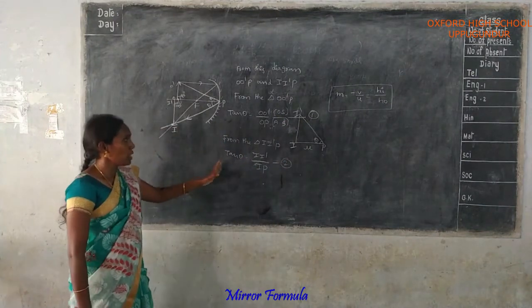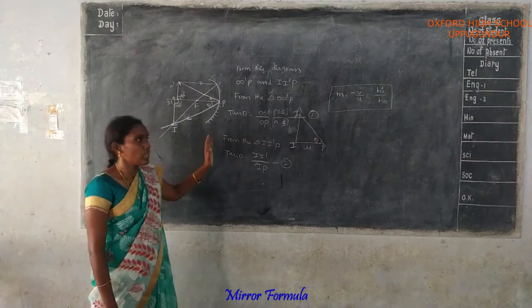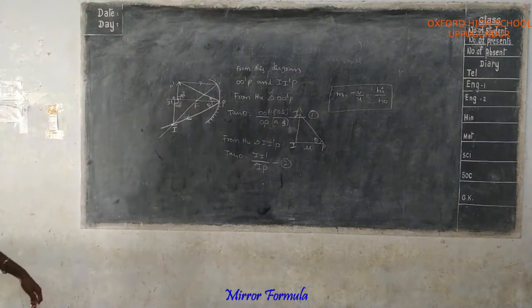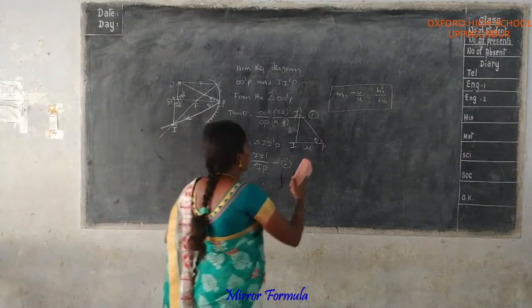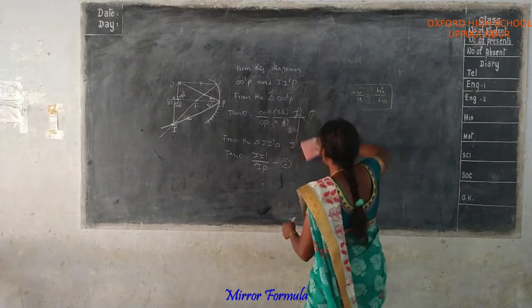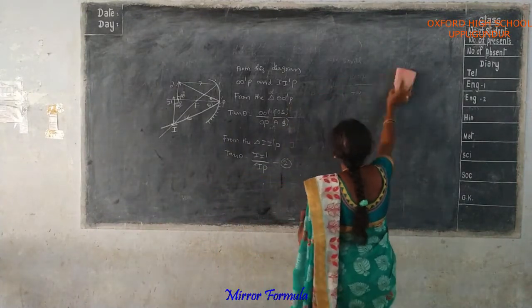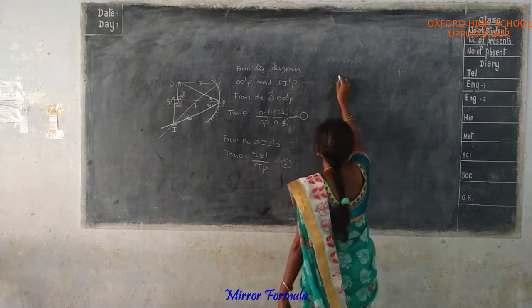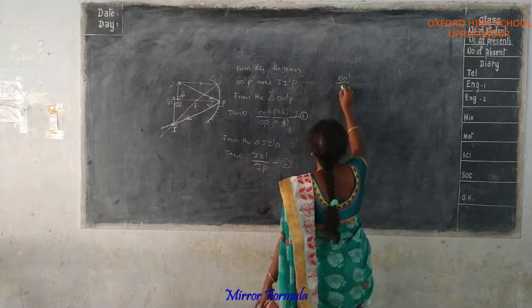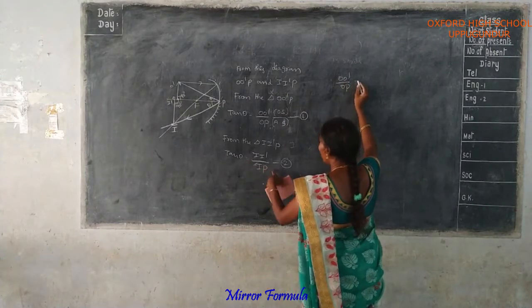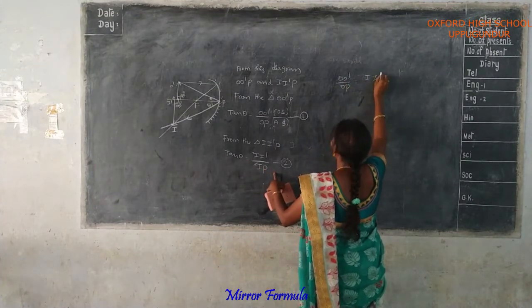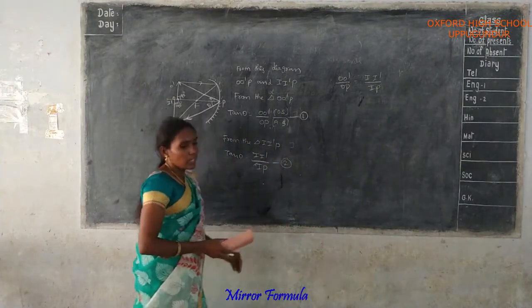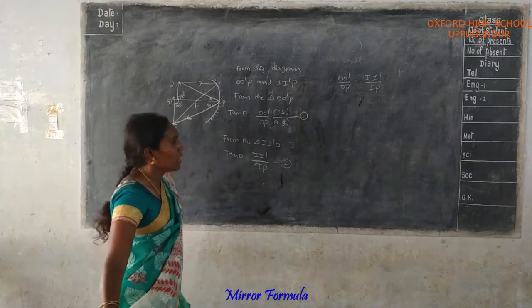From these two equations, the left sides are equal, so the right sides of the equations are also equal. From equations 1 and 2, O dash by OP is equal to I dash by IP.